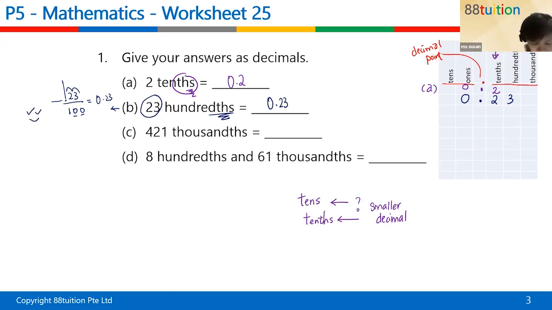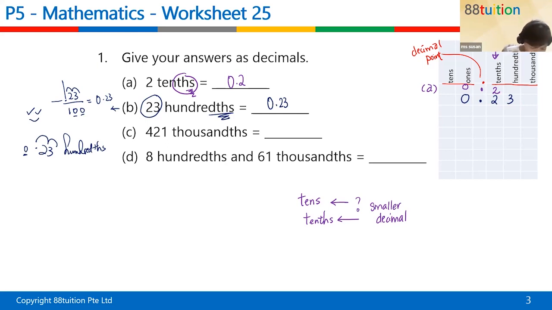Or some even say 23 tenths. I'll just have the decimal point here and then add in a holding place. Anything empty, we name as holding place. It is okay even if you have various methods.